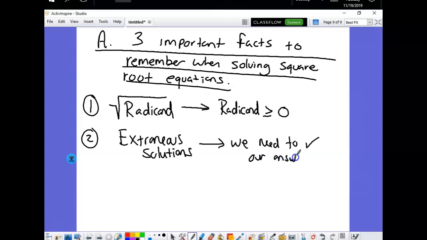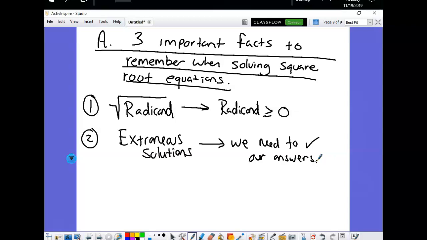It's always good to check your work anyway, but you didn't have to do that before. When you solve a linear equation, the answer you get, if you followed all the steps correctly, is the right answer. And it's not a bad idea to plug that answer back in to see if you got it right. But for these ones, you have to plug it back in. Otherwise, you get an answer, you get it perfect, but when you plug in, you say, oh my gosh, it makes the square root part negative. Can't have that. Throw it out.